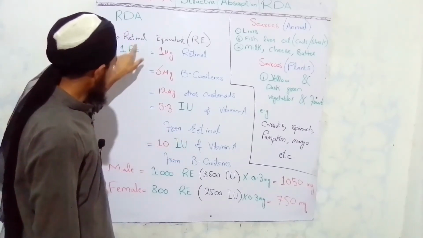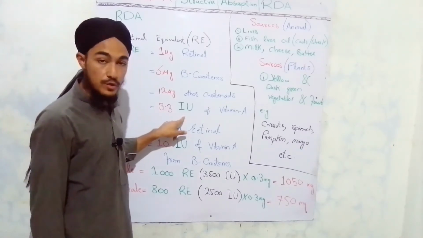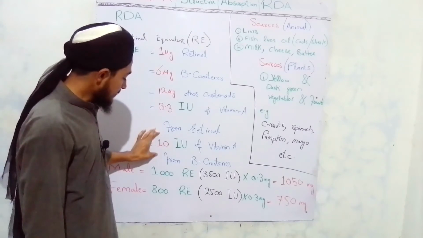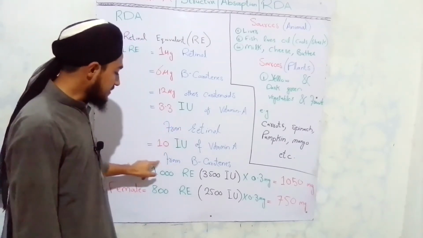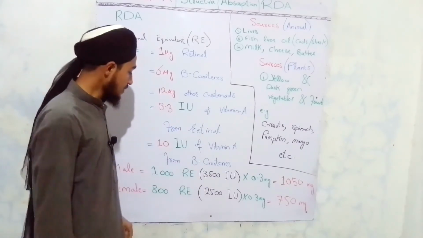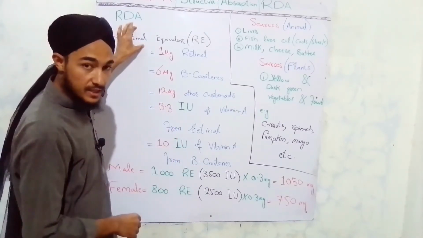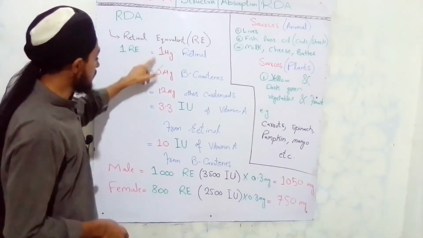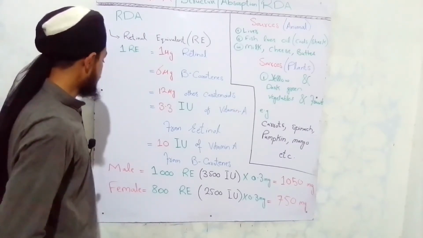And 1 retinol equivalent, or 3.3 international units of vitamin A activity from retinol, equals 10 international units of vitamin A activity from beta carotenes. So this was a brief introduction to the retinol equivalent, what it is and how much it is equivalent to.